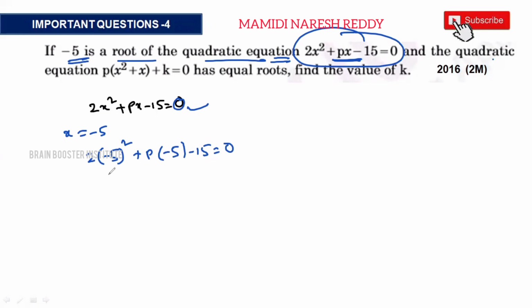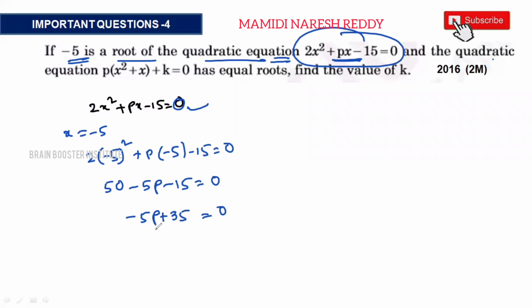Minus 5 whole square is 25, 25 times 2 is 50, and minus 5 into p is minus 5p, and minus 15 is equal to 0. And 50 minus 15 is equal to 35, so 50 − 5p − 15 = 0 becomes −5p + 35 = 0.